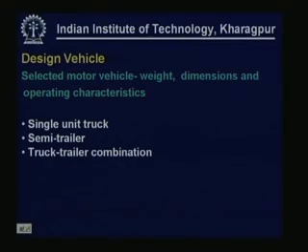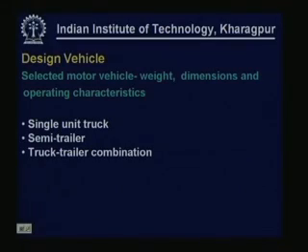There the concept of design vehicle is useful. So, design vehicle is the selected motor vehicle, weight, dimensions and operating characteristics of the vehicle which is used to establish the design standard for the given road.